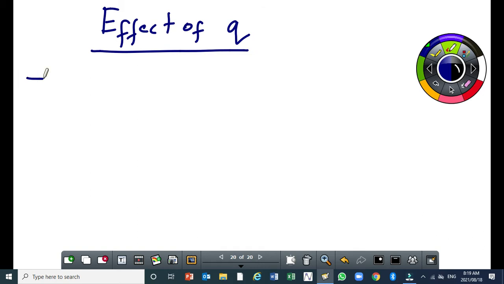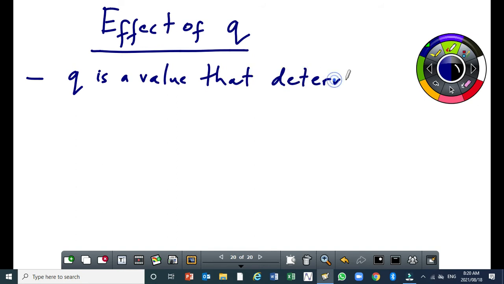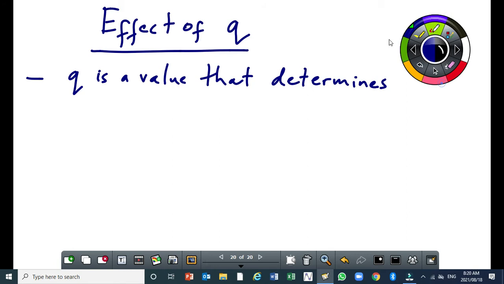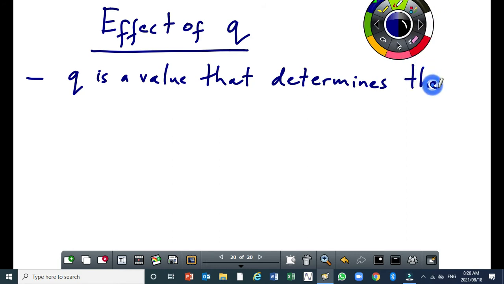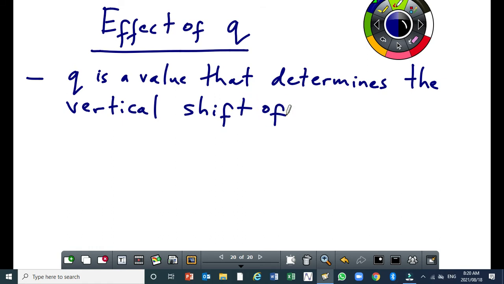So we'll say here, Q is a value that determines the vertical shift of, right? Remember, as I told you, when it comes to a trigonometric graph, something has to be shifted, okay?